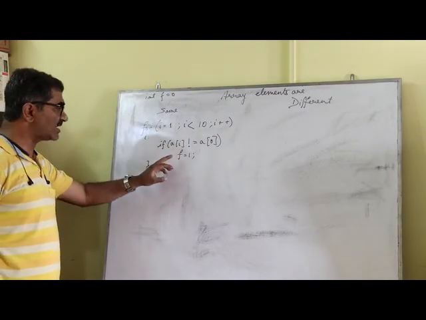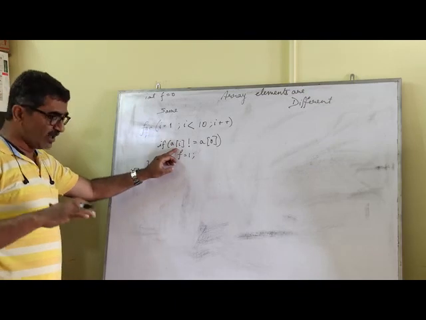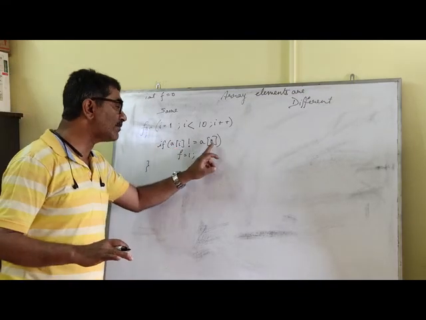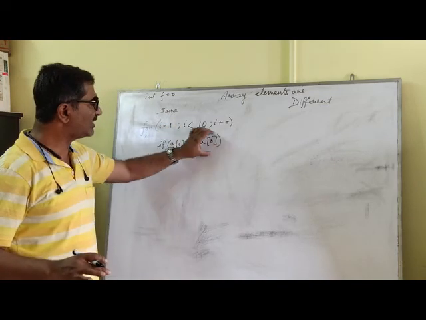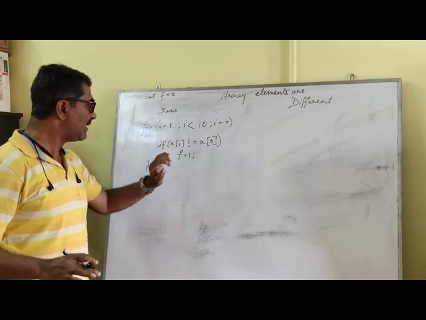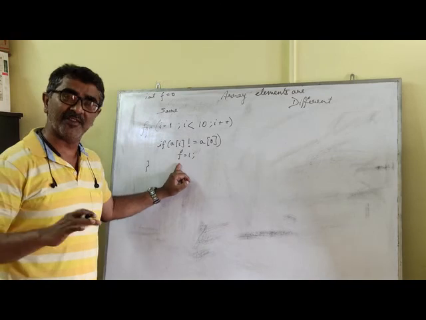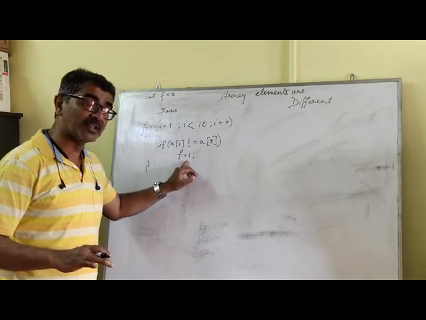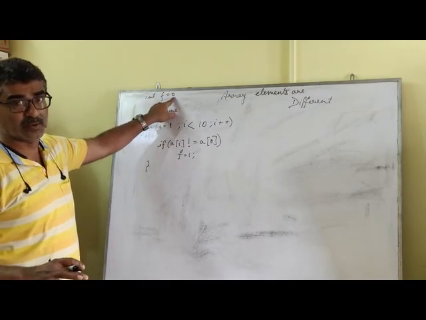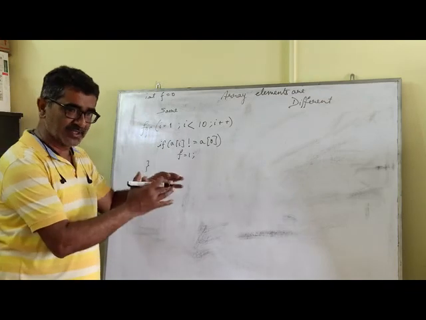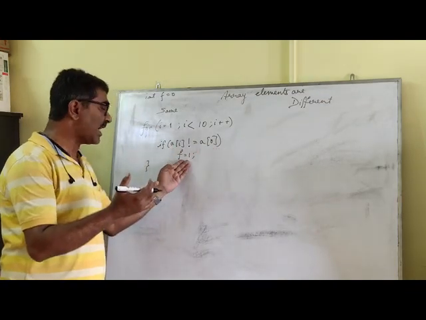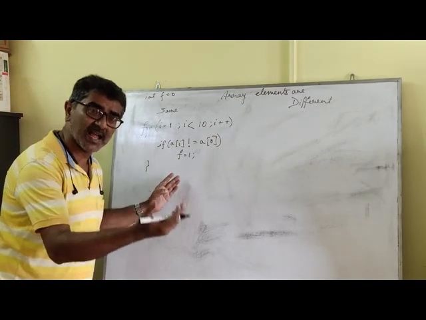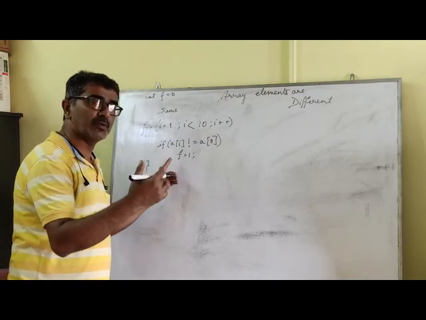Now imagine a situation when all the numbers are same. None of the numbers will fail to match with the first number; every number is going to match with it. Therefore, this condition will never be true, and f will never be assigned the value 1. So f will continue remaining as 0. Get the point how it is working: if there is any number which does not match with the first number, I raise a flag by assigning 1 to f.